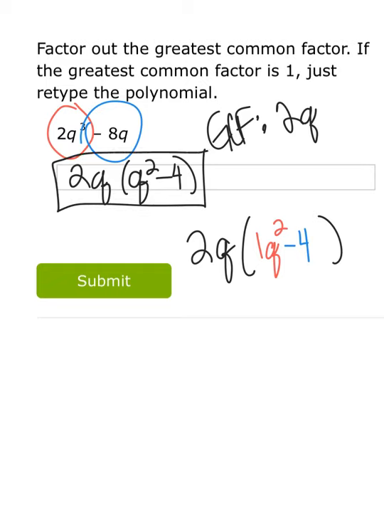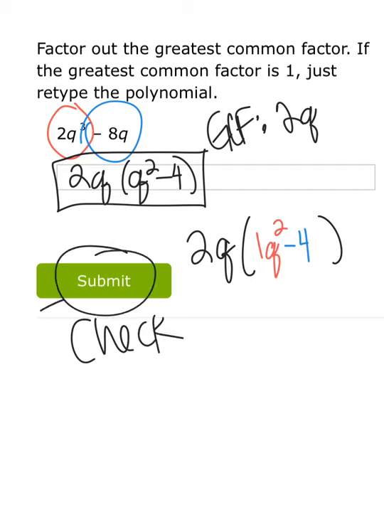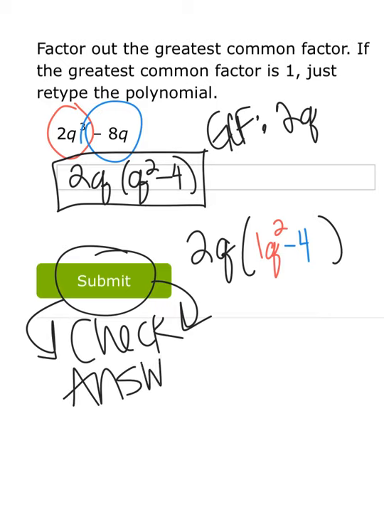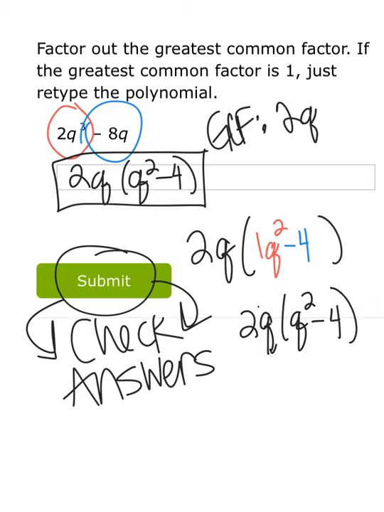Something that's really neat about factoring is you can always check yourself by multiplying or distributing your answer back out. So let's go ahead and do that. Okay, before you hit submit, check your work. Take the extra time to make sure you did it correctly. So if this was my answer, 2q times q squared minus 4, just distribute it back out, multiply it, and see if you got what you started with.